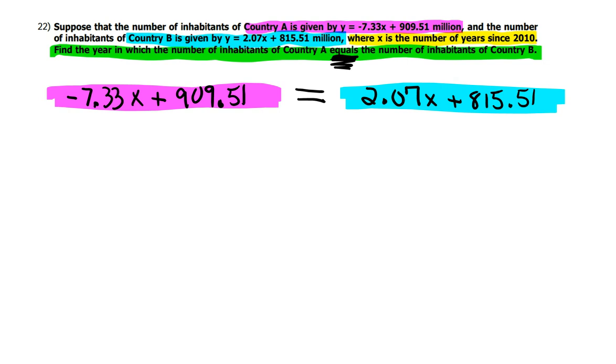I prefer to have a positive X when I'm done, so I would get rid of this negative 7.33x by adding it to cancel it out. But I've got to keep it balanced over here. I've got to add 7.33x to this side.